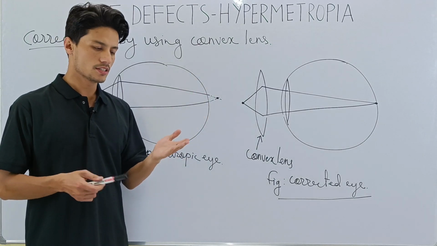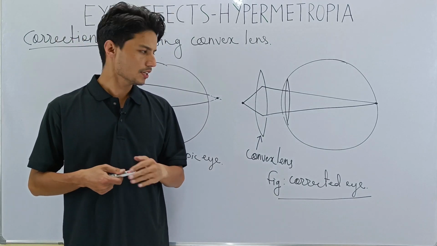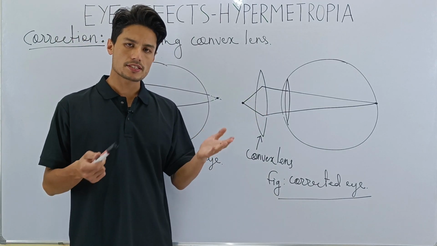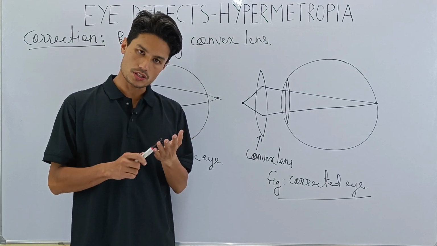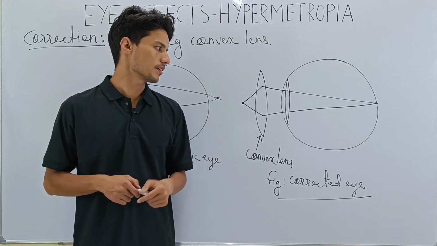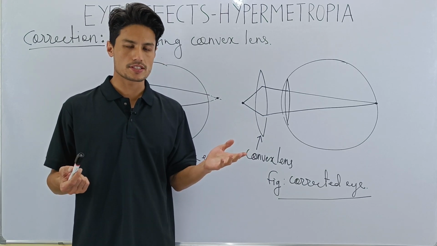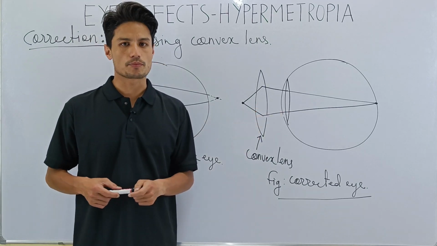We have discussed the definition, the causes, and the correction. Basically, this is what you have to study: the definition, the causes, and the correction. So together this is a 5-mark topic. So it was easy, isn't it? Yes, it was easy. These are not very difficult topics.